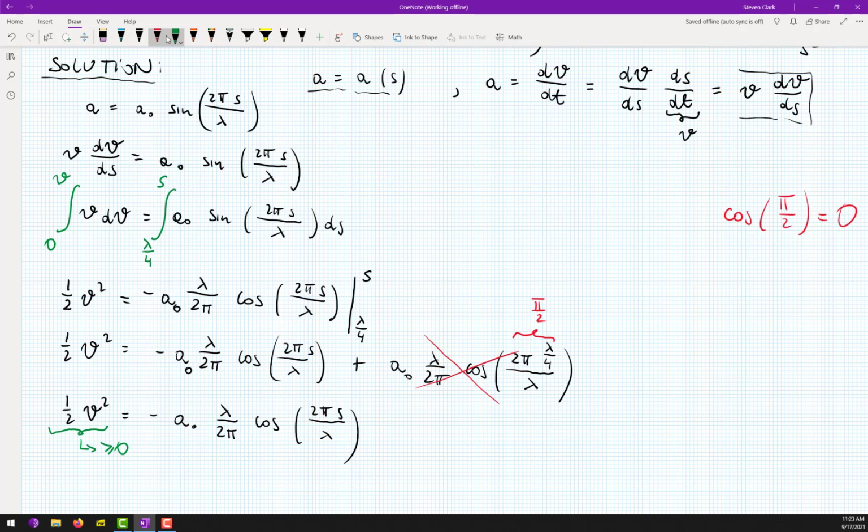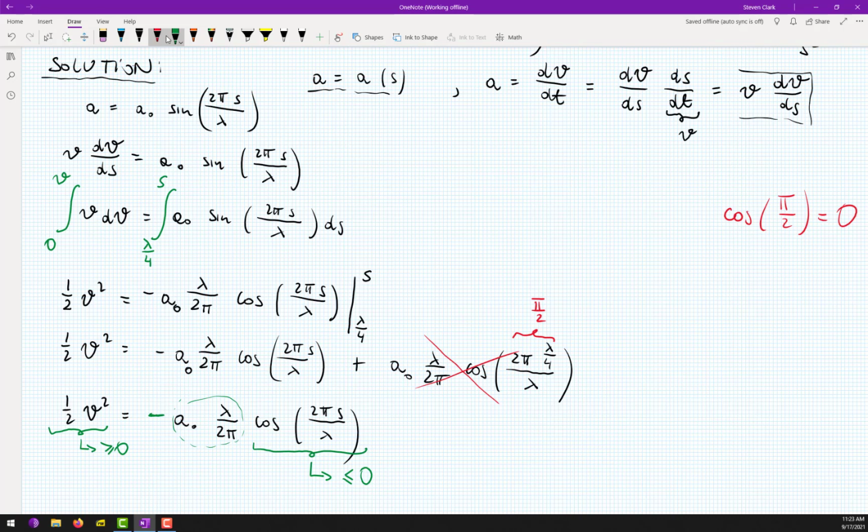We have a negative sign in here, and these constants are positive. So the only way to have our expression make sense is for our cosine to be lower than or equal to 0. Only then is the right-hand side positive or 0, like the left-hand side. So we must have that requirement.